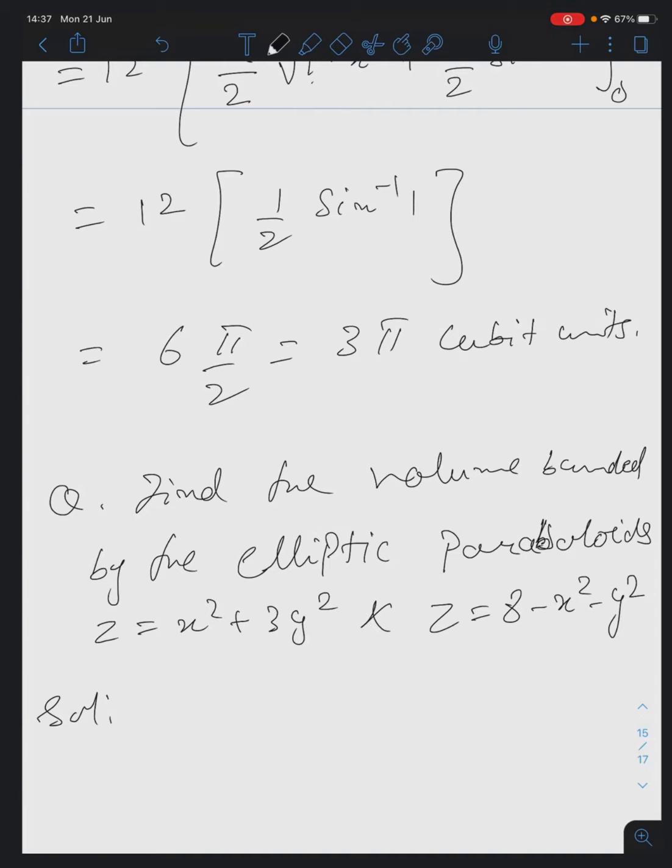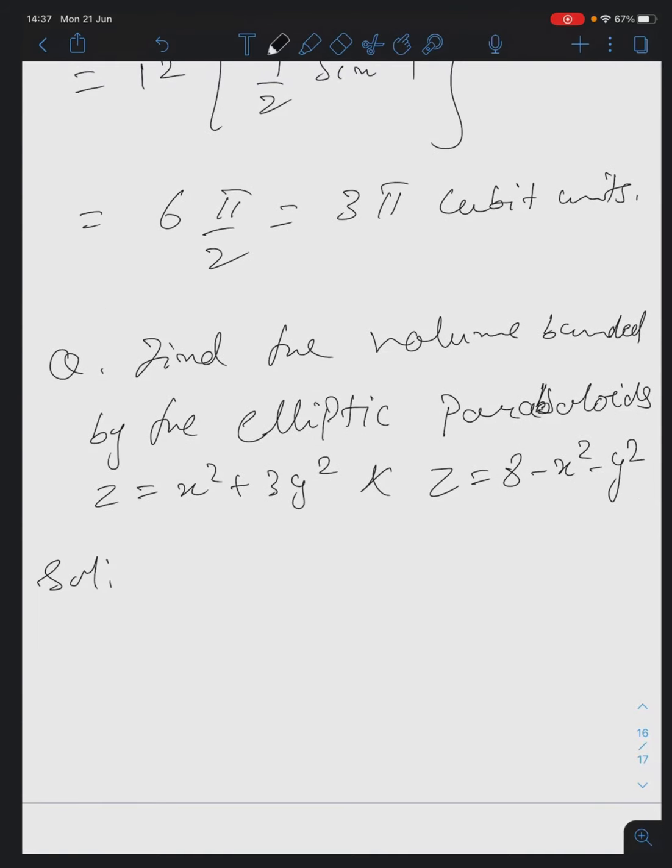Will you try this? You try this. If you are not able to do it, then tomorrow we'll discuss.